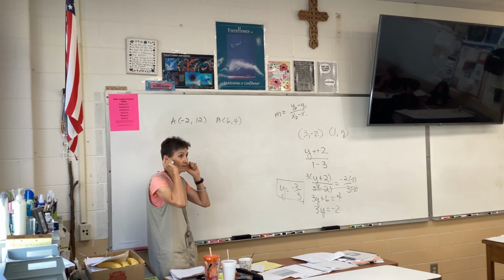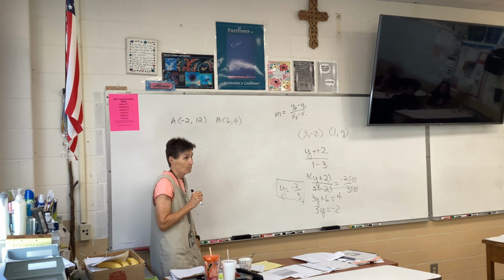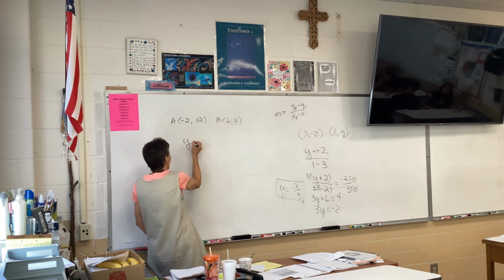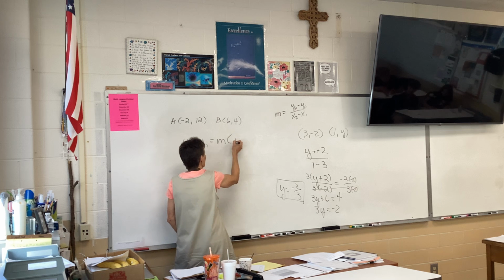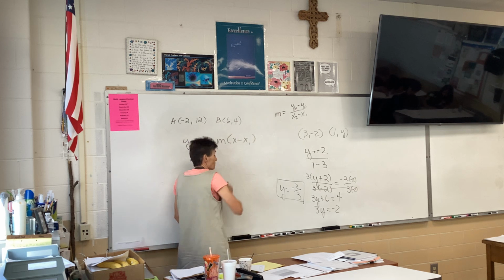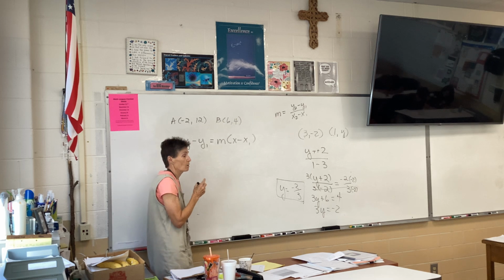Does that vocabulary sound familiar to you? Anybody remember what it looks like? Y minus y1 equals m times x minus x1. That is the point slope form.